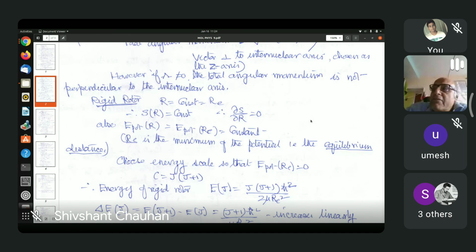What is the electronic angular momentum for the pi state? One, sir. Yes, Λ is equal to 1. And in which direction? Along the axis of the two nuclei. Yes, exactly. Along the internuclear axis.